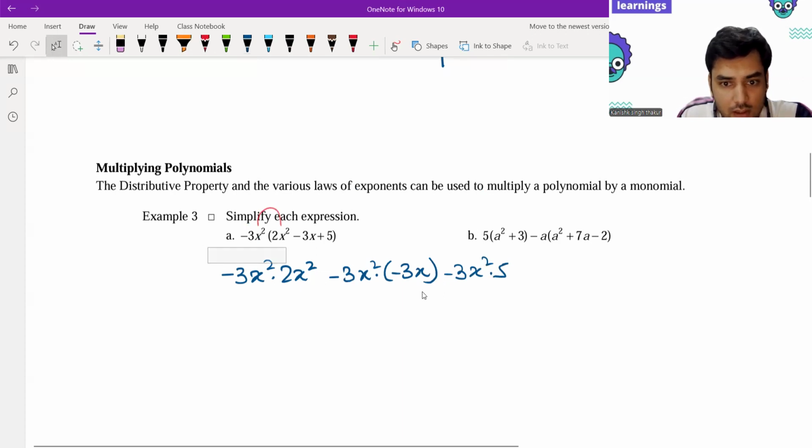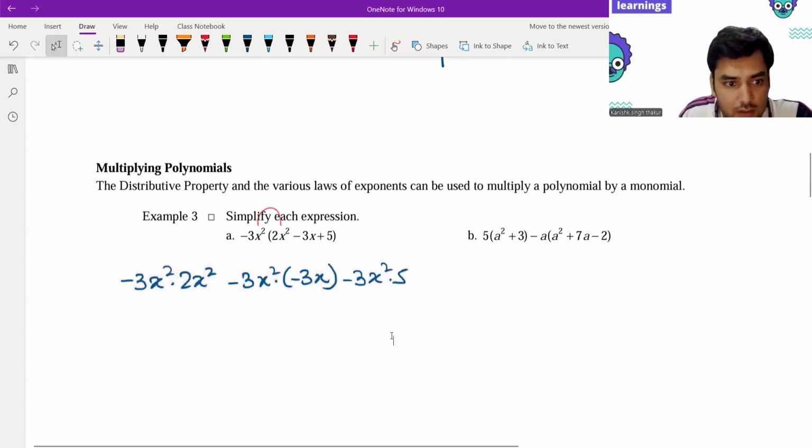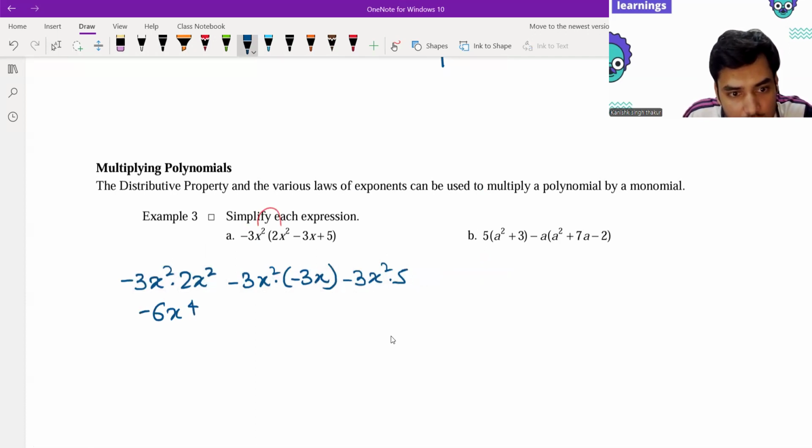This dot I'm using for multiplication. Okay. So I have minus 6x to the power 4, then plus 9x cube and minus 15x square. This is what I will get.